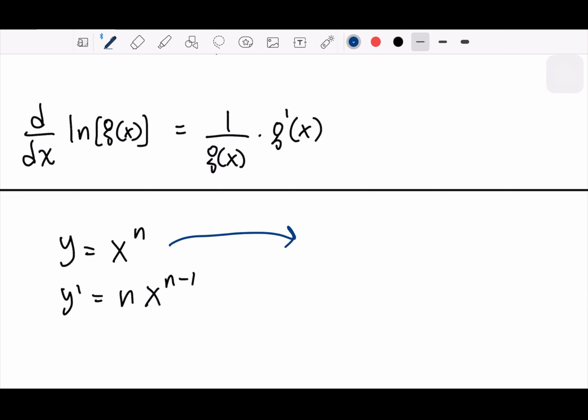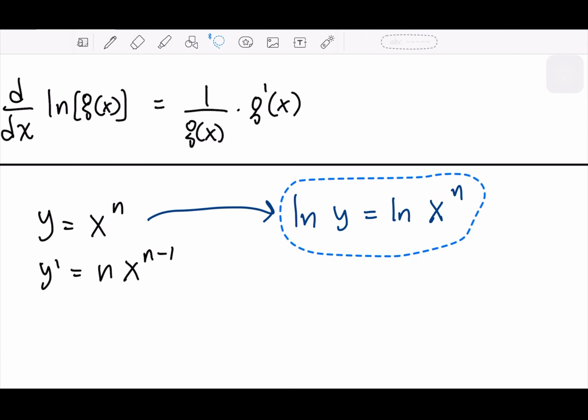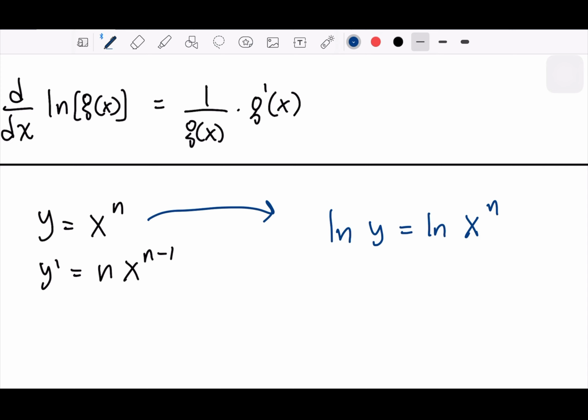If we take ln y equals ln of x to the power of n. If we take the ln here, remember, every power can be moved to the front.